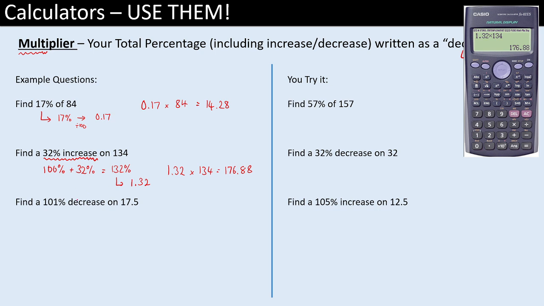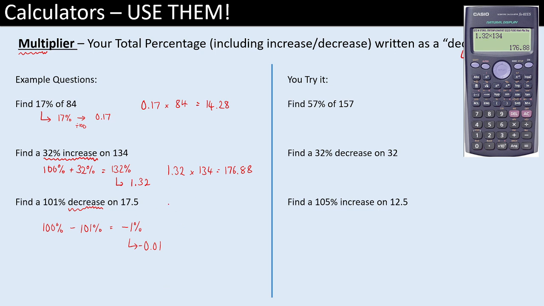Similar thing for this one, only instead of an increase, we have a decrease, which means that we start with 100%, and this time we're taking off 101%, which is negative 1%. You might think, is that even possible? I suppose technically it is possible. It's not very common, but it is possible. As a decimal multiplier that is going to be negative 0.01.